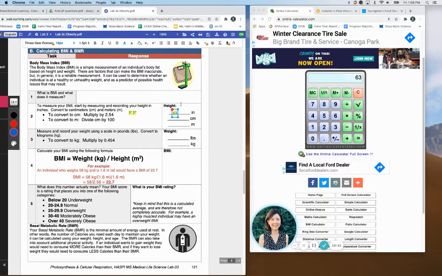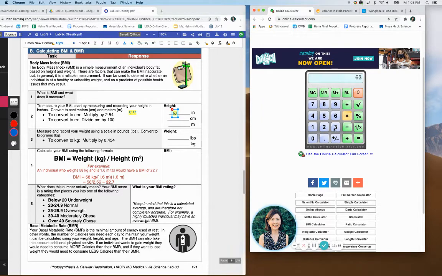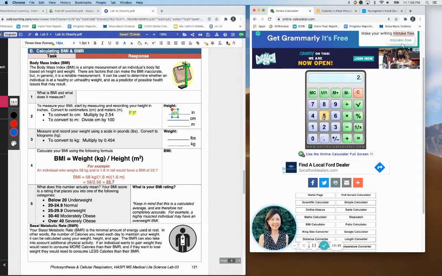And then I have to convert it to centimeters. So I would take 63 times 2.54, and that tells me how many centimeters I am. That's 160.02.